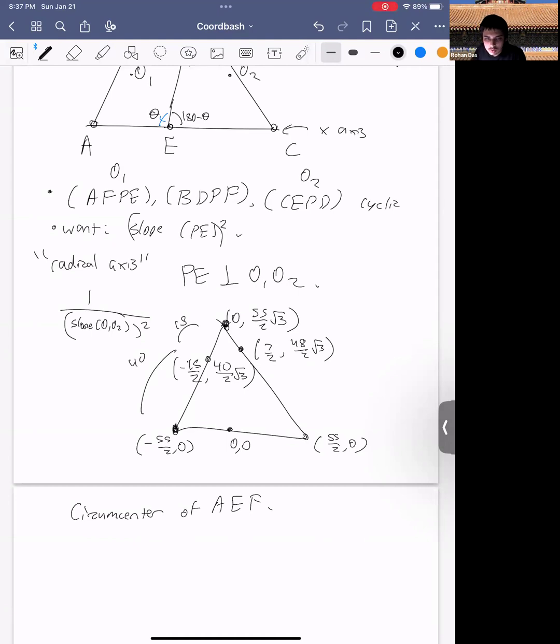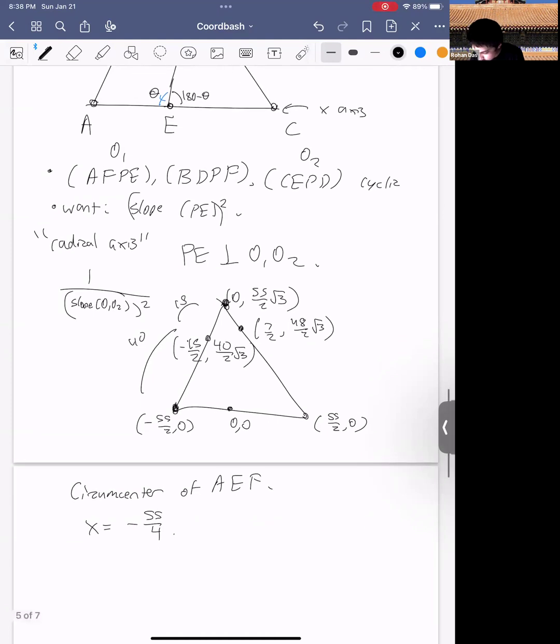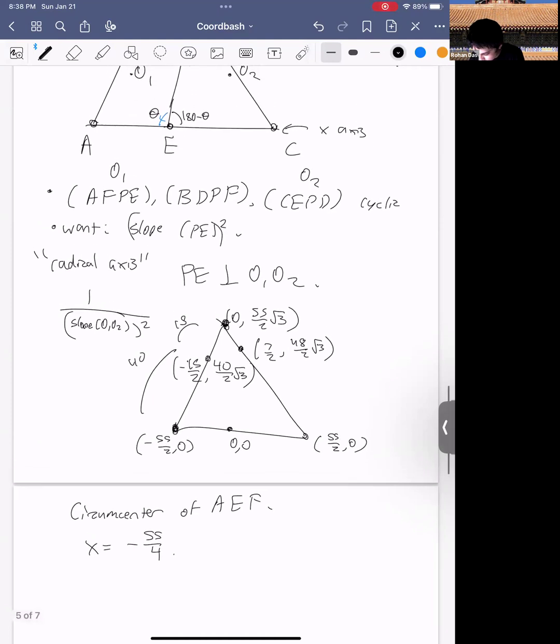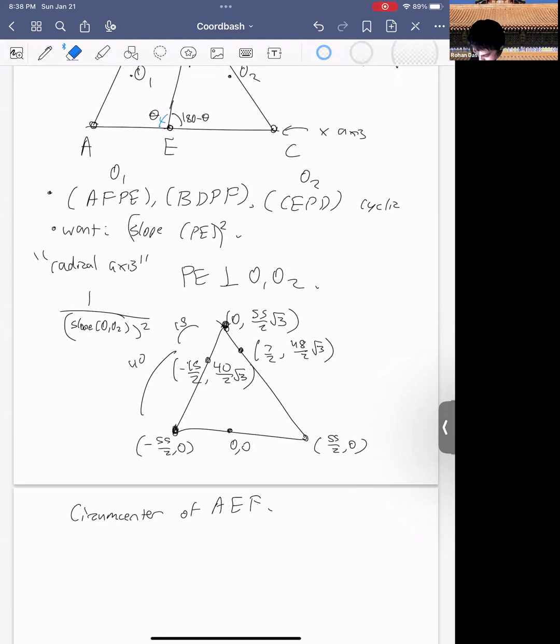And the circumcenter is the intersection of perpendicular bisectors, and the perpendicular bisector of AE is the line x equals negative 55 over 4. Now we just need to take one of the other lines. Actually, I am not being very careful with this.